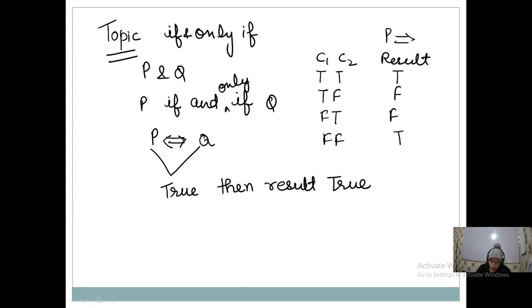This shows P biconditional Q, if and only if.